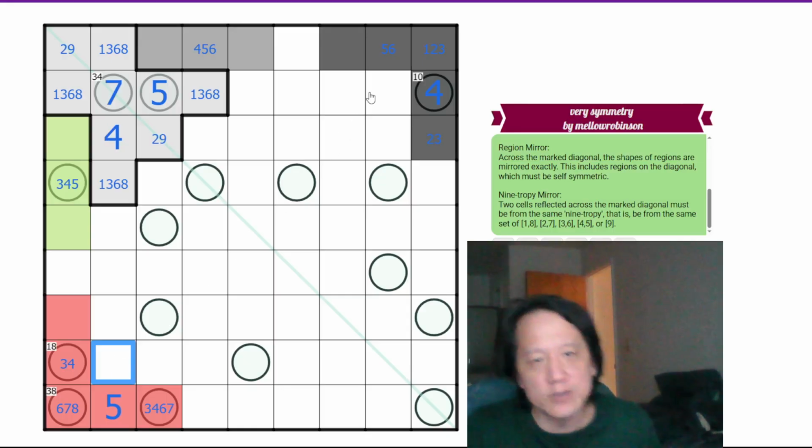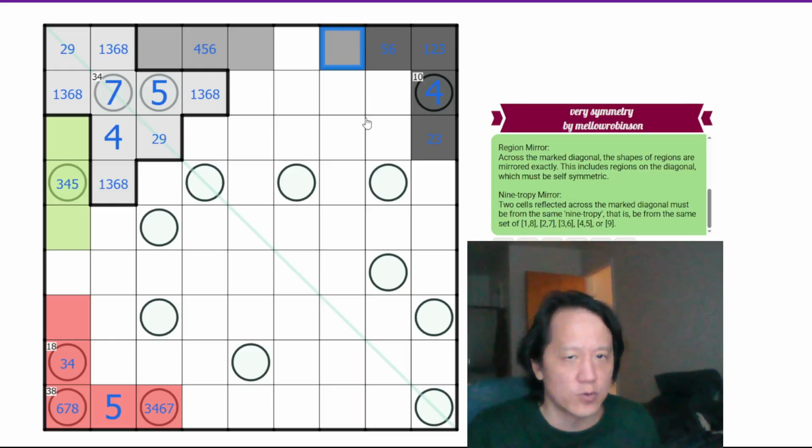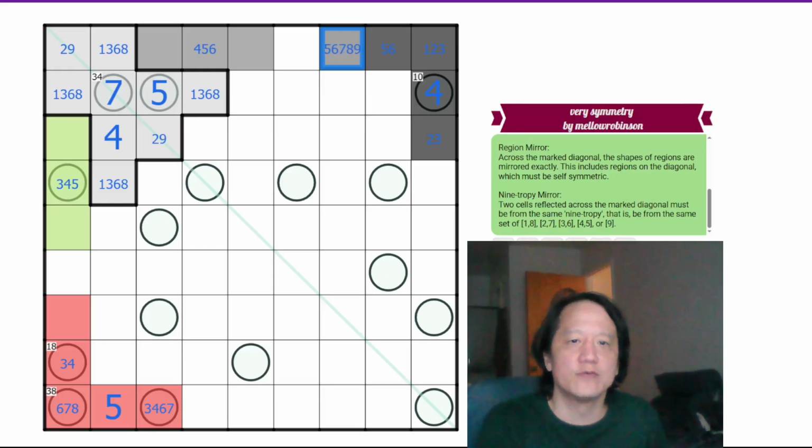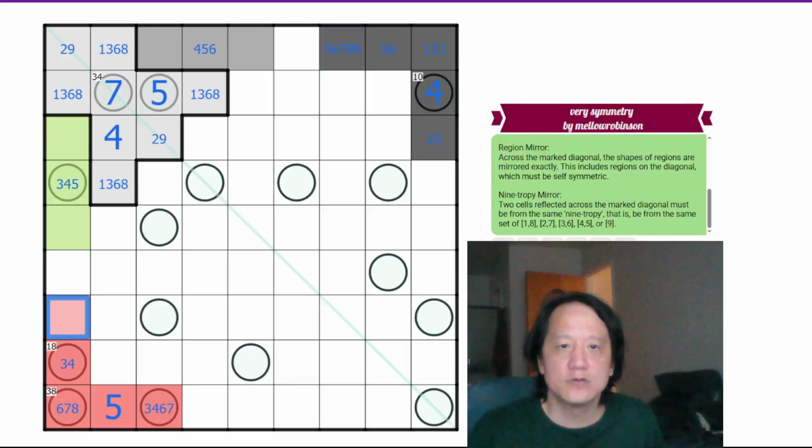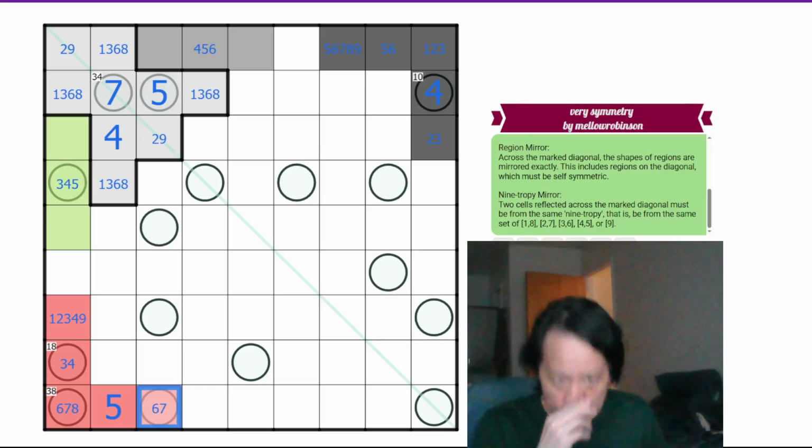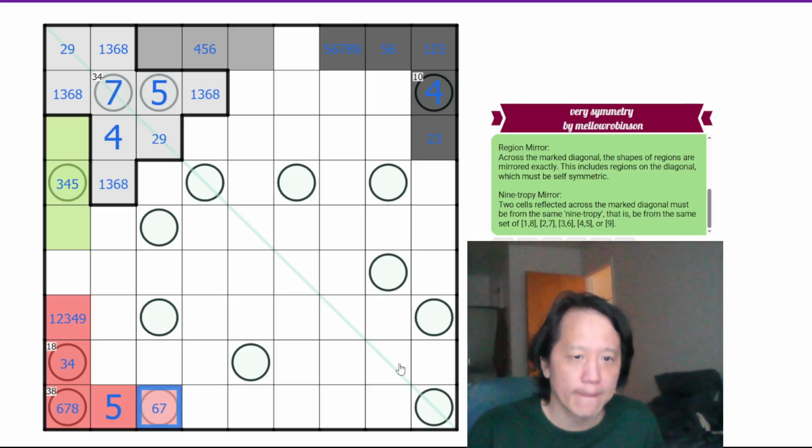So this cannot be 1, 2, 3, or 4. So this is 5 through 9. That's correspondingly 9, 1, 2, 3, or 4 there, because this 5 has to see, this can't be 3 or 4 there. So it's 6 or 7.